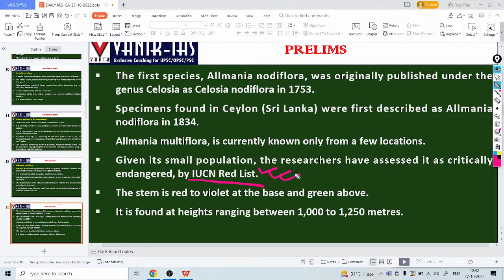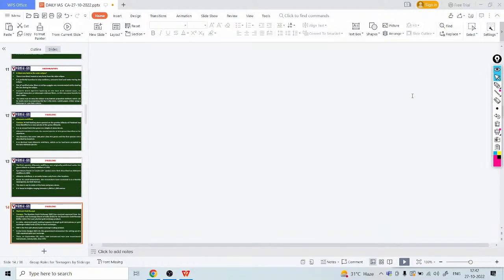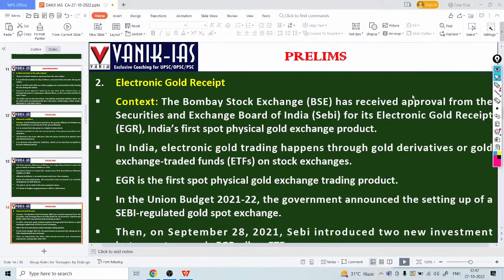In this IUCN list, this is in the red list as an endangered species. The stem is red to violet at the base and green above. It is found at altitudes ranging between 1000 and 1250 meters. Fine. The new species is an added value to the botanical stock in our country. Discovered after 188 years, after the first species was discovered.